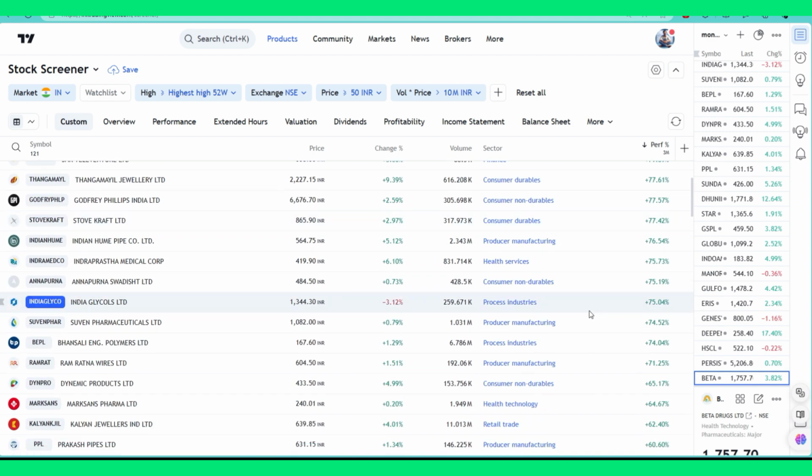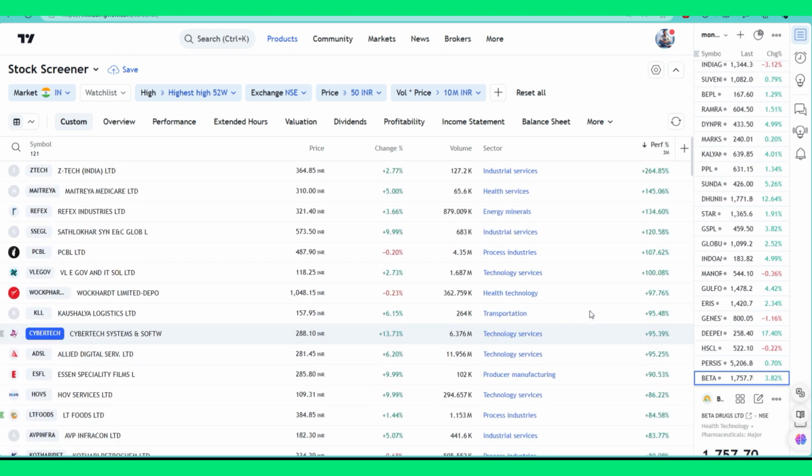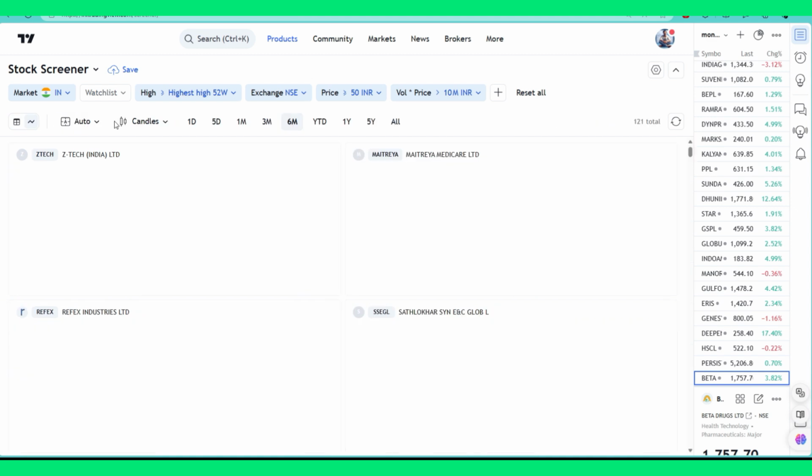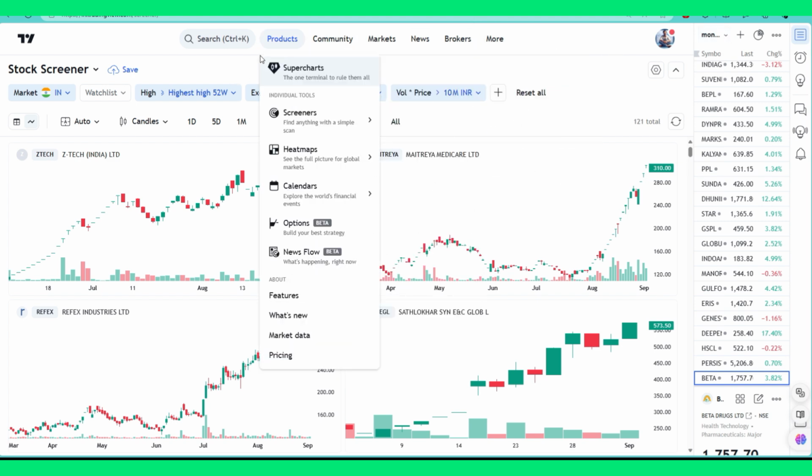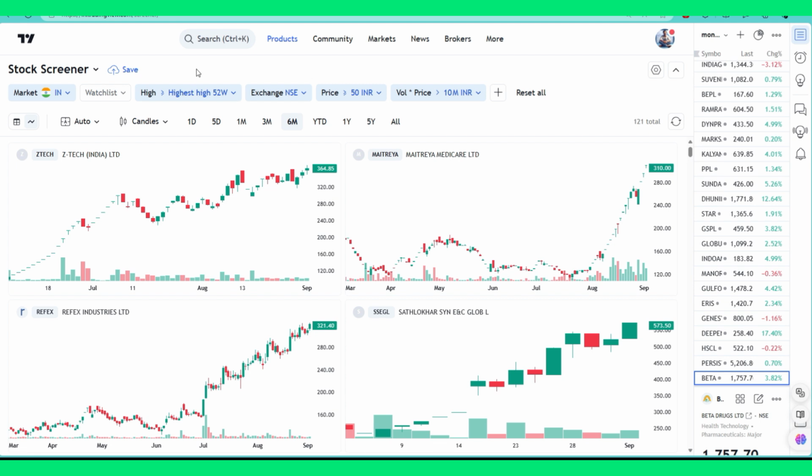So that's my way of using Tradingview. Although I have a professional edition here, the advantage is that I can download it and I can add it to the watch list directly. That's the only advantage, but you should be able to do this even if you have a free edition. You should be able to create the scanner by yourself.